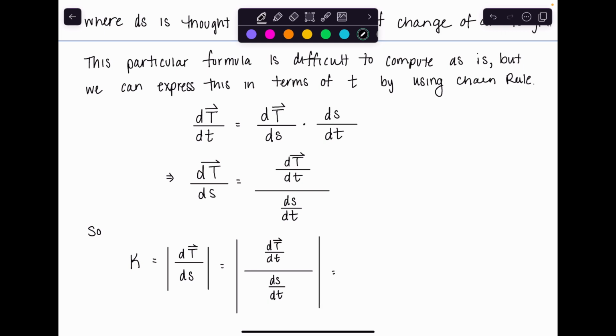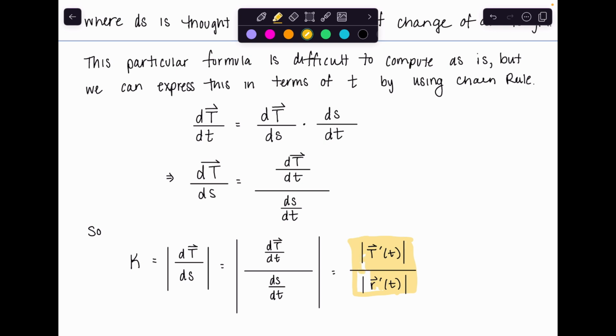And then you can take the magnitude of the top and bottom separately. The top, the derivative of the unit tangent vector with respect to t, is just T prime of t. And the bottom, the magnitude of ds dt, is exactly the magnitude of r prime of t. So this gives us one formula for our curvature that we can actually compute.